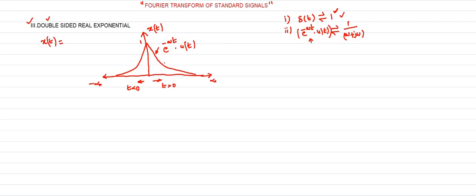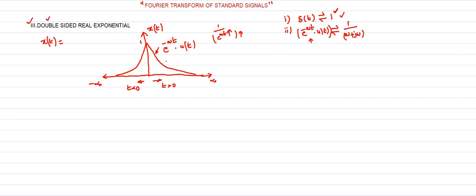This is your one-sided real exponential signal, and this is its mathematical representation. Whenever t increases, e power minus at means 1 by e power at, so the denominator increases. With the denominator increasing with time, the signal value decreases, and finally it reaches the 0 value.